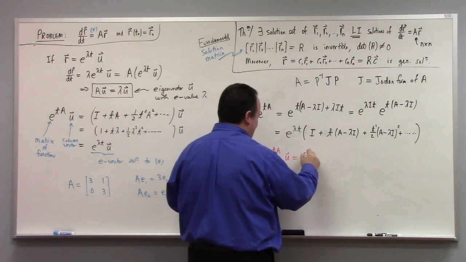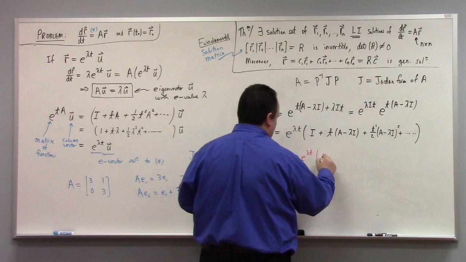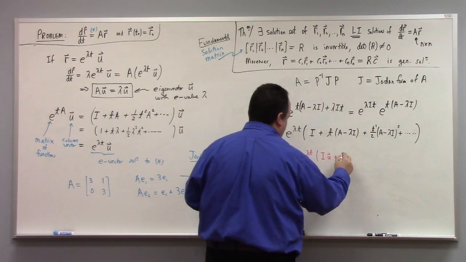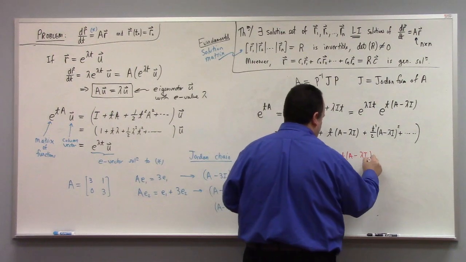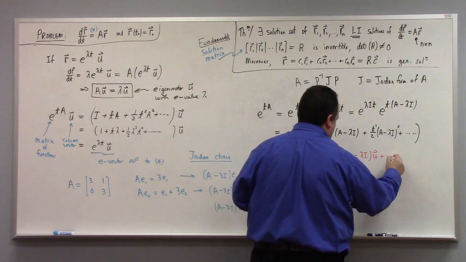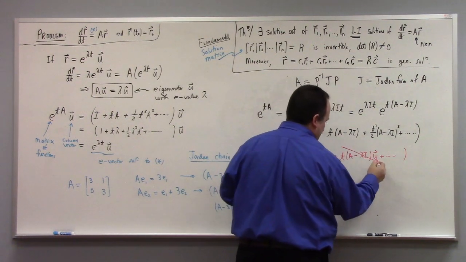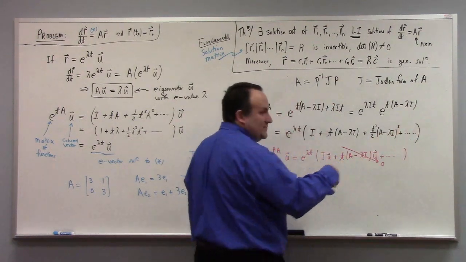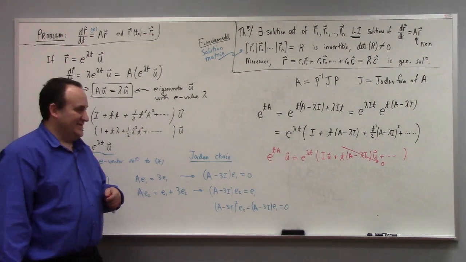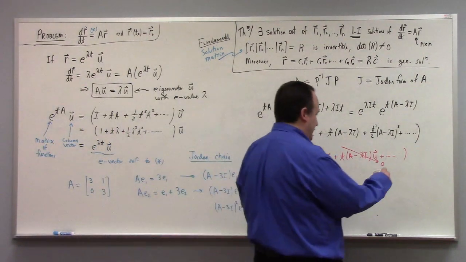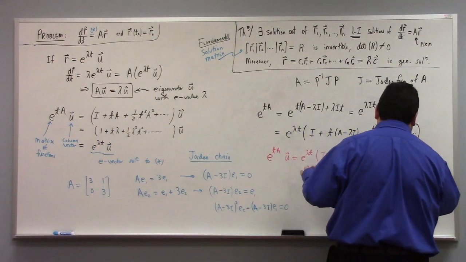You get e to the lambda t times I times the eigenvector. I'll write it out for anybody who doesn't see it. And then higher order things, but as you said, this is 0, and that's 0 too, because it's 0 after the first application of the matrix. So this is just straight up the eigensolution that we already talked about.